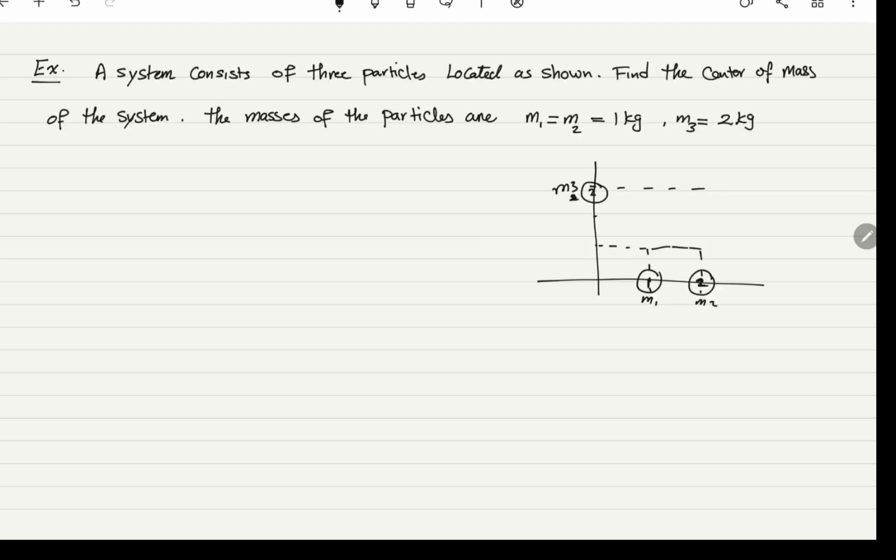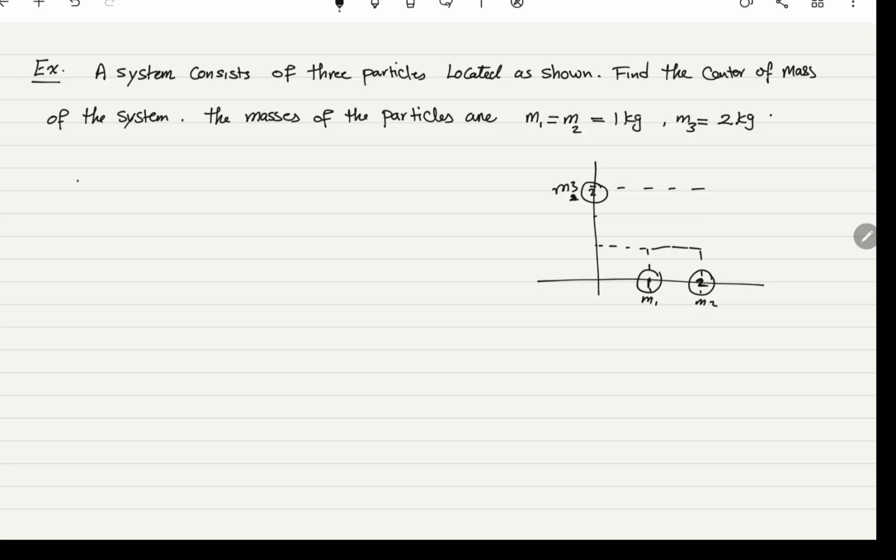Example: a system consists of three particles located as shown. Find the center of mass of the system. The masses of the particles are m1 equal to m2, which equal 1 kilogram, and m3 equal to 2 kilograms. Now m1 is located at position 1 on the x axis, m2 is located at position 2 on the x axis, and m3 is located at position 2 on the y axis.